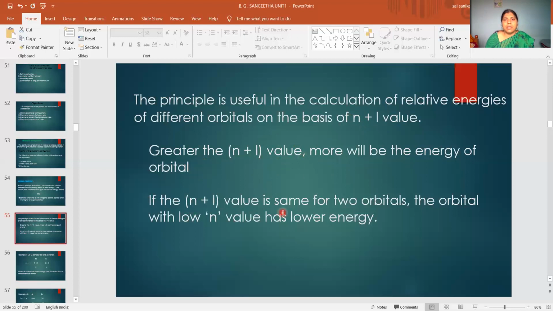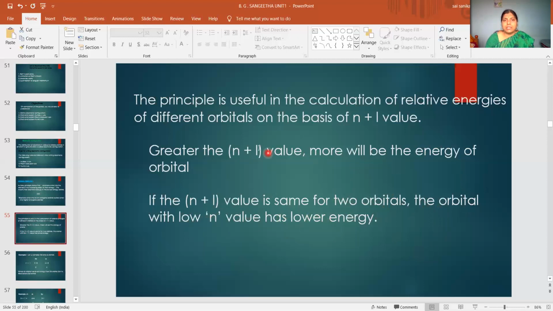If the n plus l value is the same for two orbitals, in some cases what happens? The n plus l value will be the same for the two orbitals. Then the orbital with low n value has lower energy. In that case, the orbital which has low n value will be considered as low energy, and the orbital which has more n value will be considered as more energy.